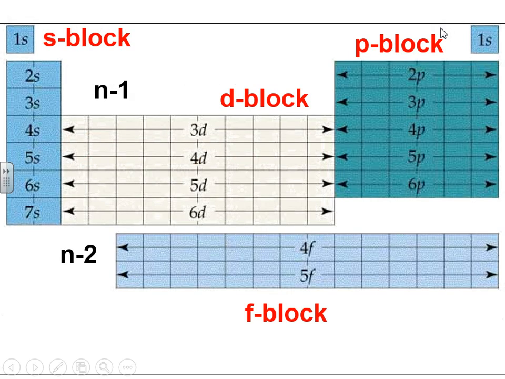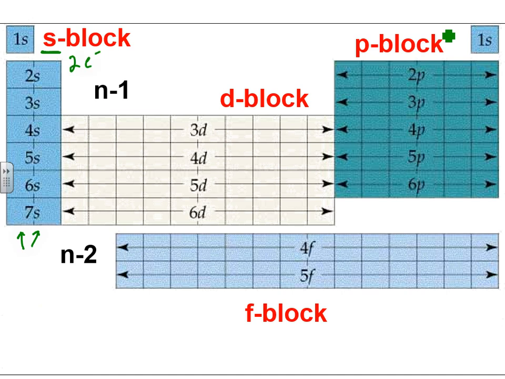Now, before we do that, the periodic table actually has all the information necessary for us to write these configurations. We're going to break the periodic table up into 4 blocks, and these correspond to the subshells. So the S subshell is represented by the S block. Notice that this is 2 elements wide. That's because the S subshell can hold 2 electrons.